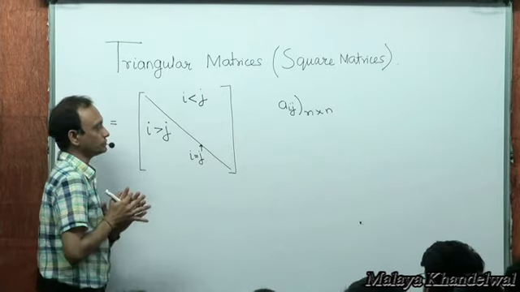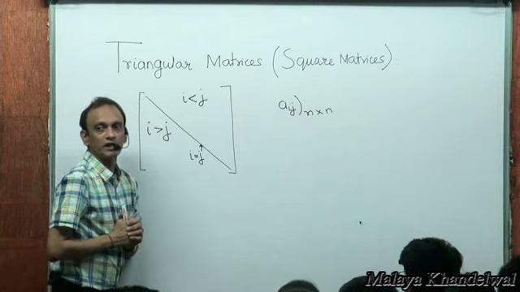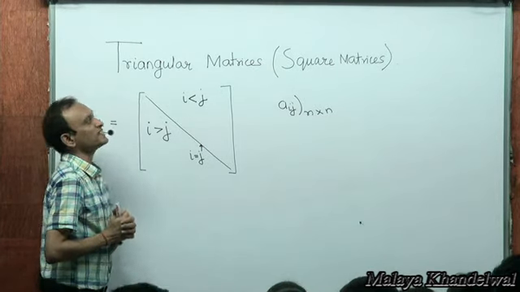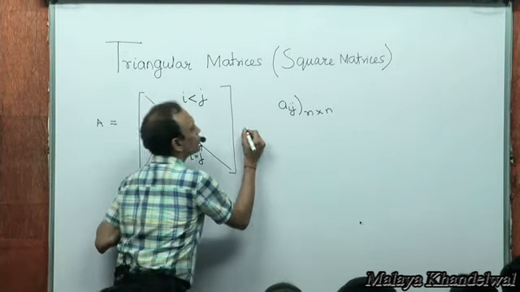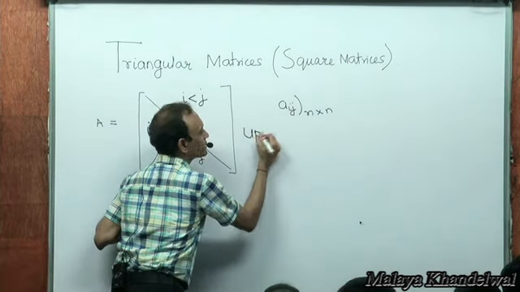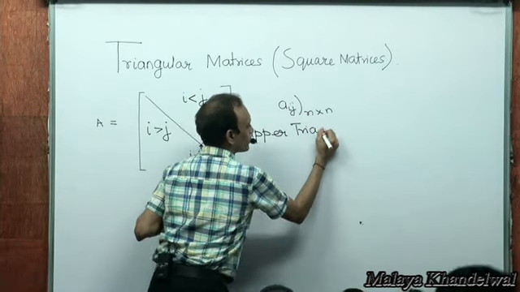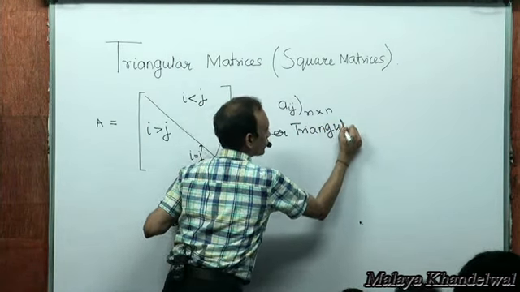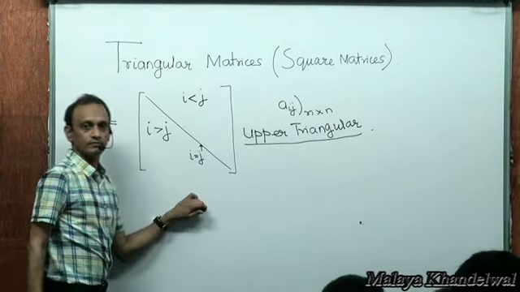Now, two kinds of matrices that are encountered as far as triangular matrices are concerned. We have what's called an upper triangular matrix.